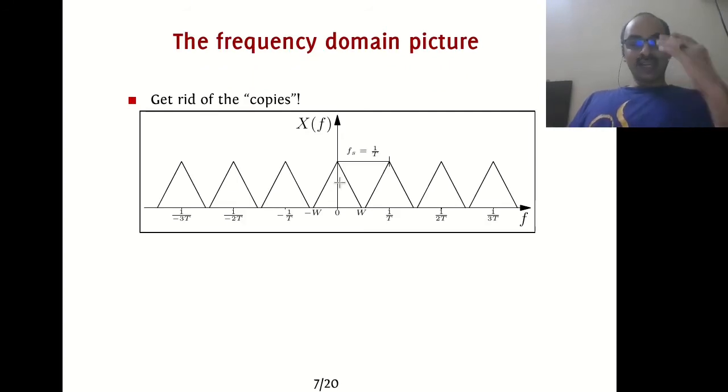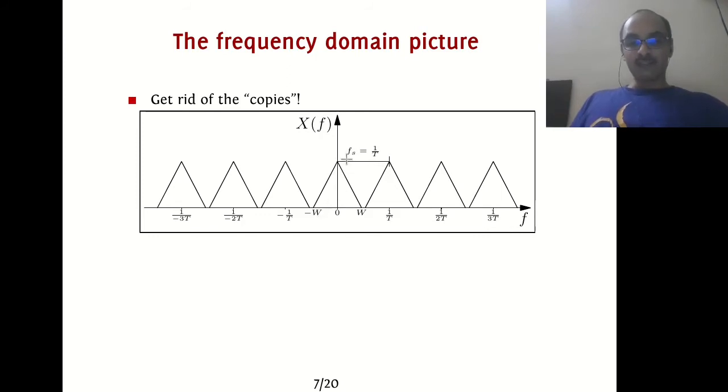So to get the answer to our question on how to reconstruct, remember that this is what happened in the frequency domain when we sampled. It is very instructive. Assume that this triangle is the Fourier transform of the signal that we originally sampled, a band limited signal. It can be either shape, not necessarily a triangle, but let's say this is it.